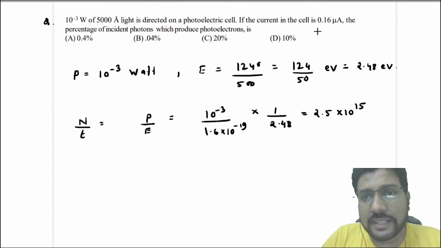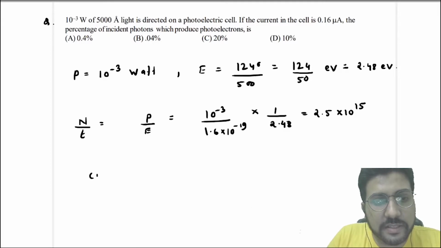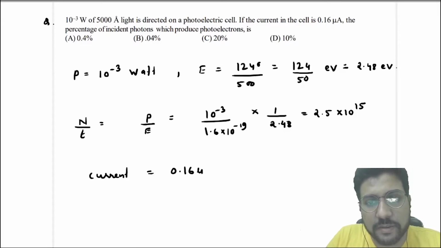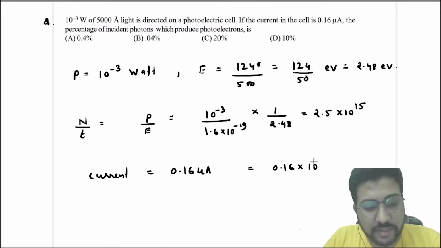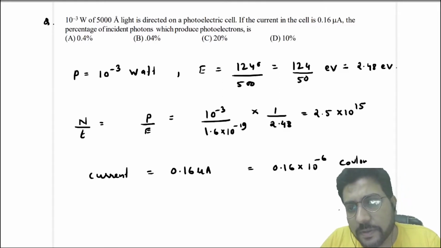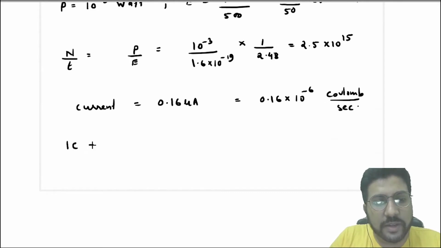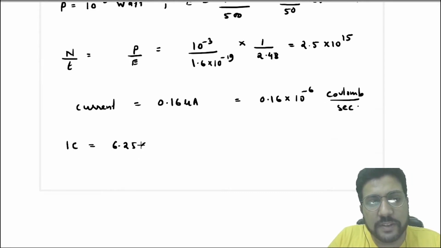Now the current in the cell is 0.16 microampere, so that means 0.16 into 10 raised to the power minus 6 coulomb per second. Now 1 coulomb is how many electrons? 1 coulomb is approximately 6.25 into 10 raised to the power 18 electrons.